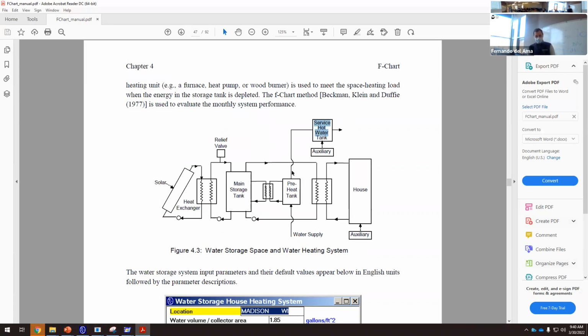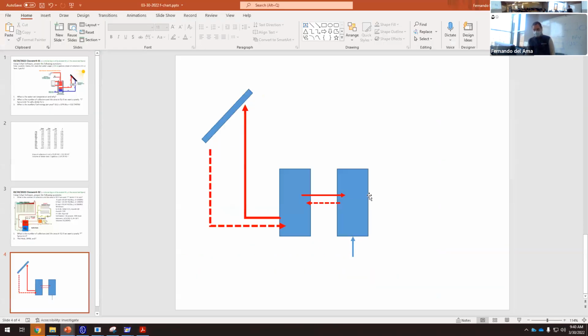We have another pipe going up to this service hot water tank. And here we have the auxiliary element. So there are 3 tanks here. Okay, let's do it. There's another tank here. Let's make it smaller. And this is not cold because this is warm water now.